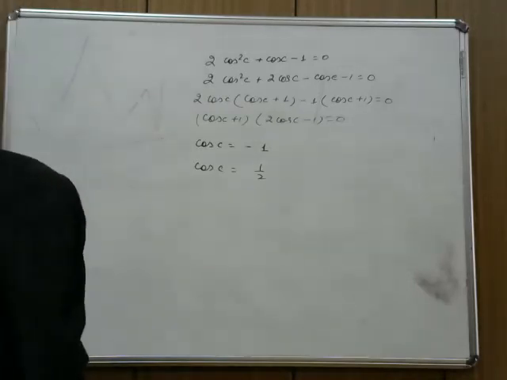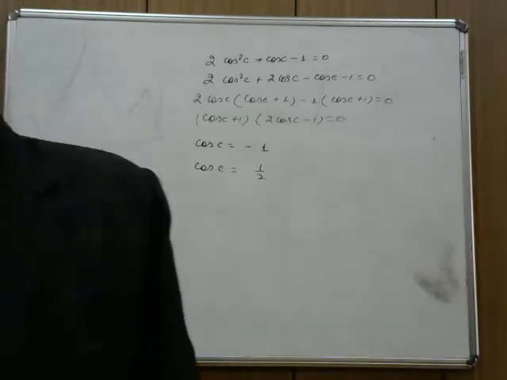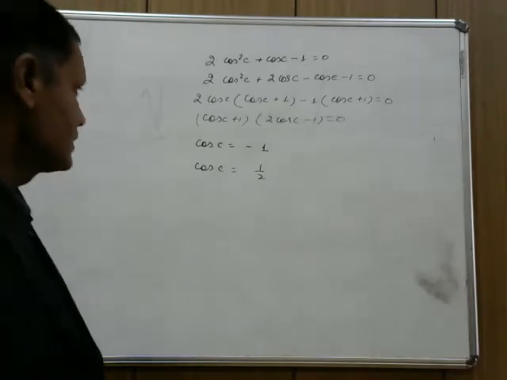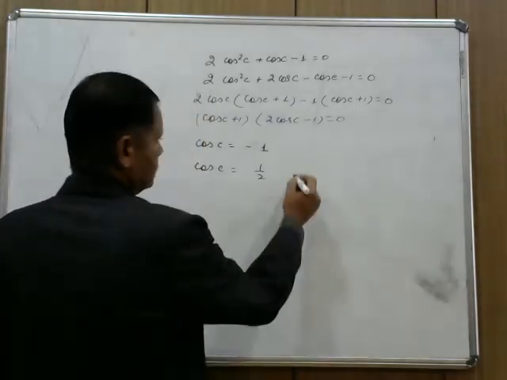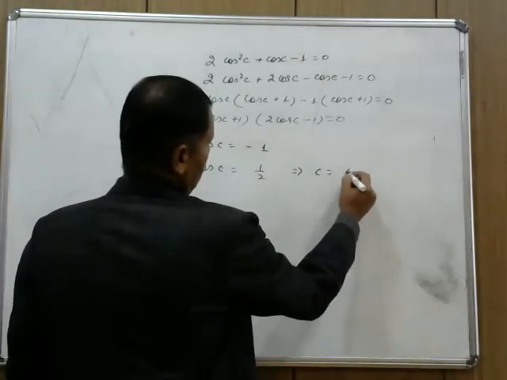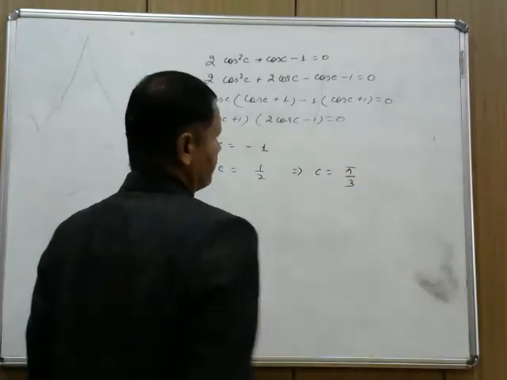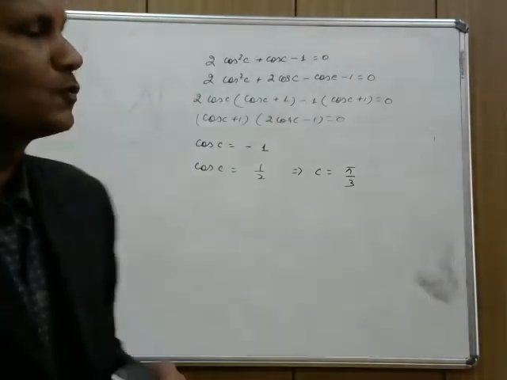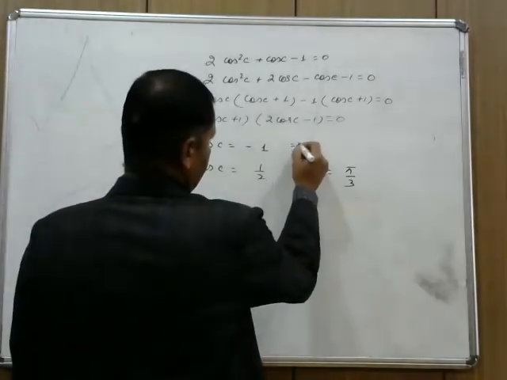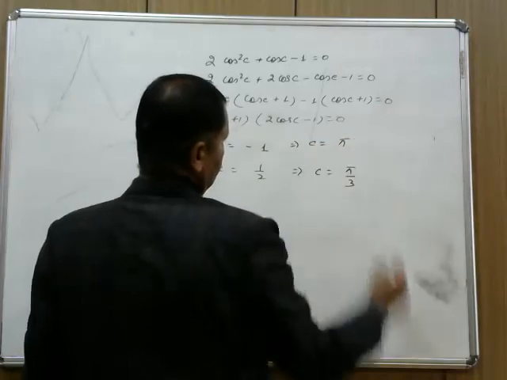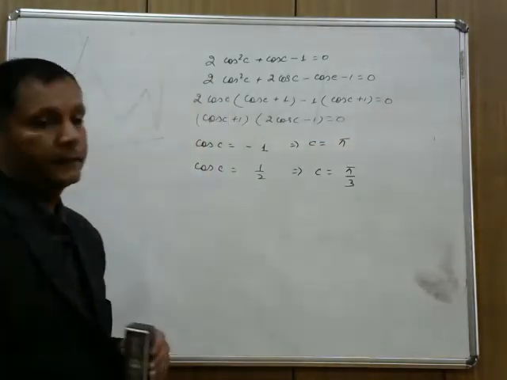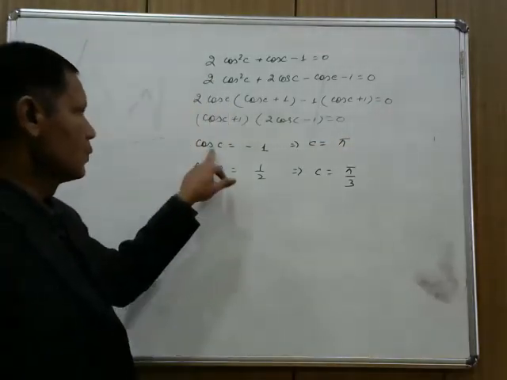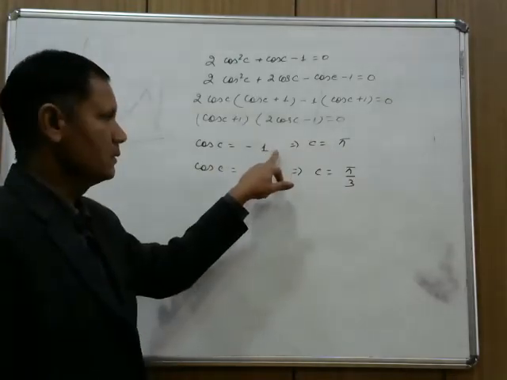Now tell me, when I say cos c is equal to half, it means c is equal to what? Pi by 3, can I write? And when cos c is equal to minus 1, it implies that c is equal to pi, cos 180 degree is minus 1.